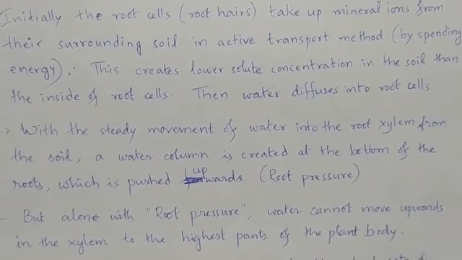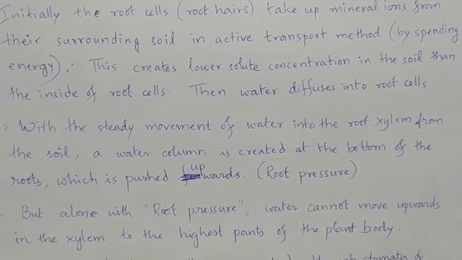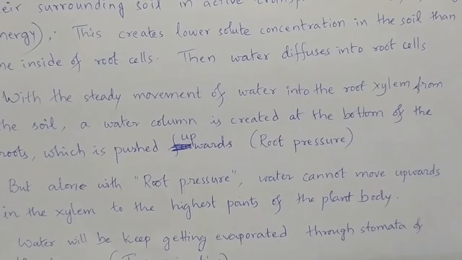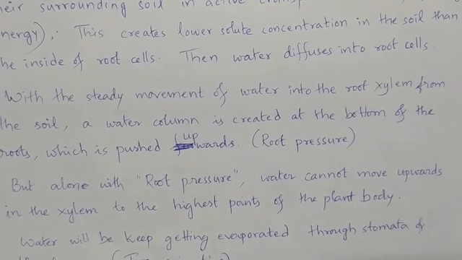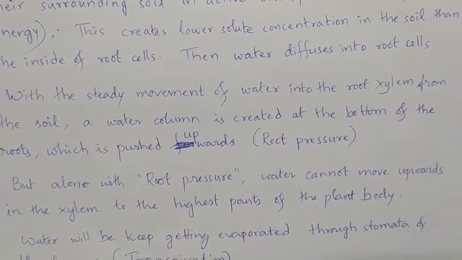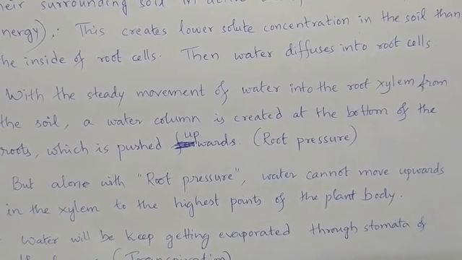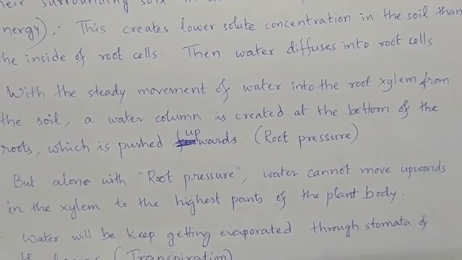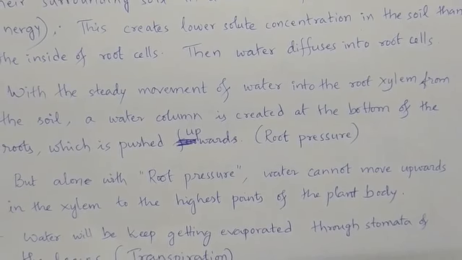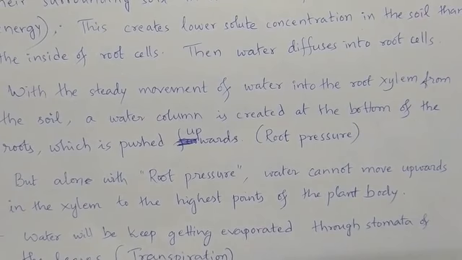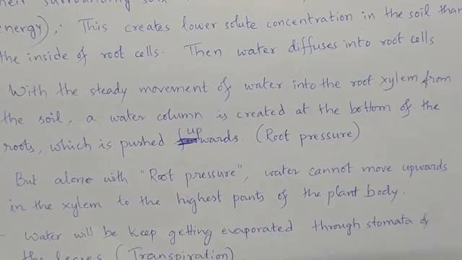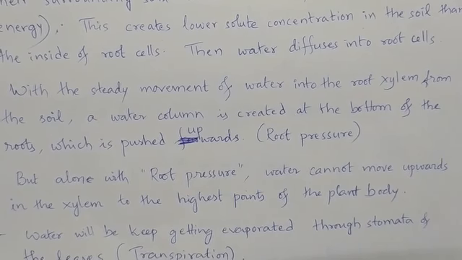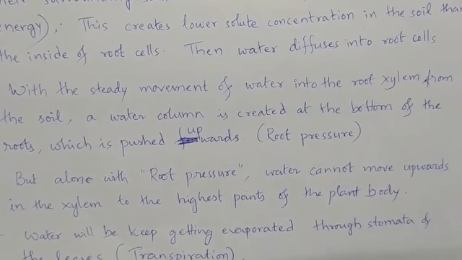With the steady movement of water from the soil into the root xylem, a water column is created at the bottom of the roots. This water column is pushed upwards because of the root pressure.